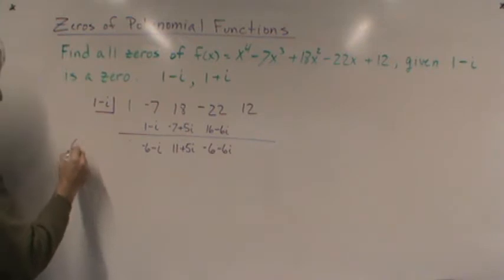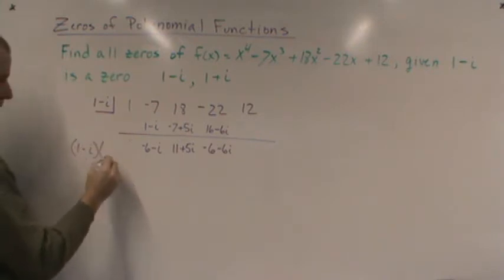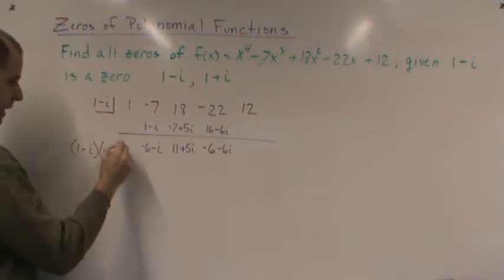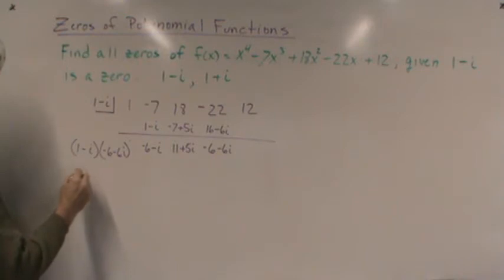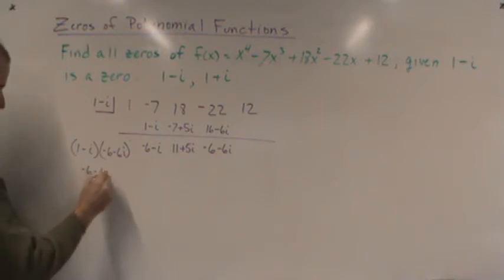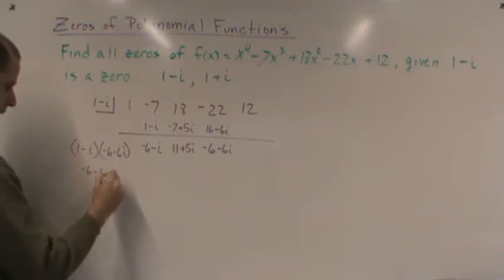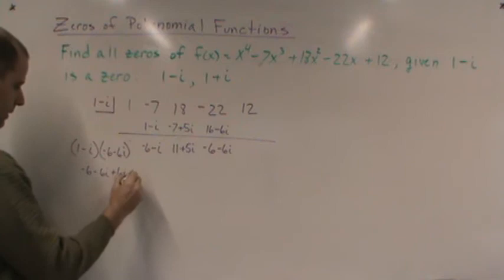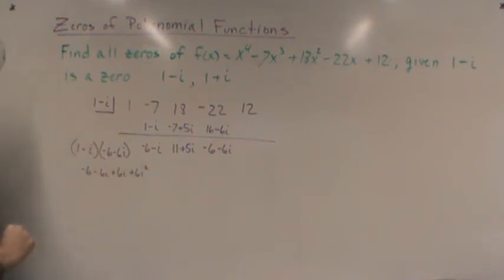So now I'm going to do 1 minus i times negative 6 minus 6i. And so I'm going to get negative 6 minus 6i again by distributing the 1. And then I'm going to get plus 6i, and I'm going to get plus 6i squared.